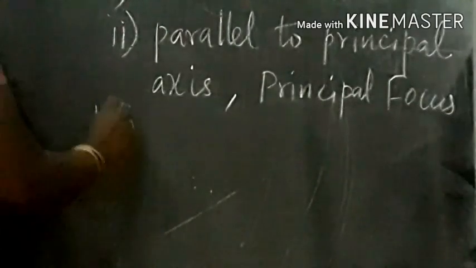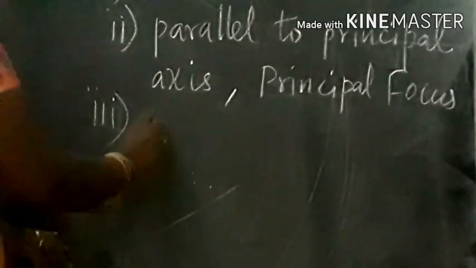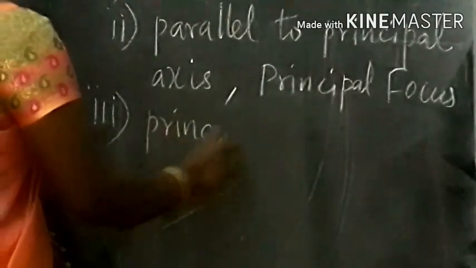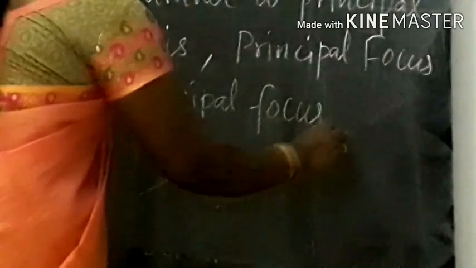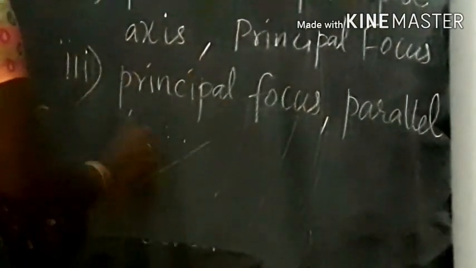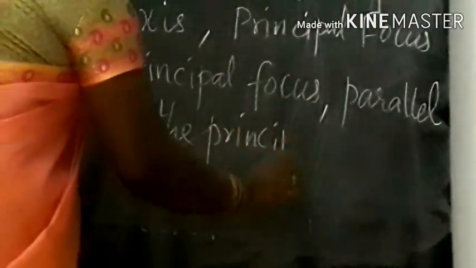And the third rule is that the light ray which is passing through the principal focus will be parallel to the principal axis after reflection.